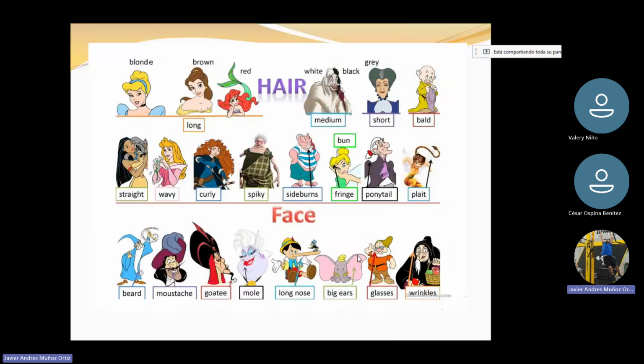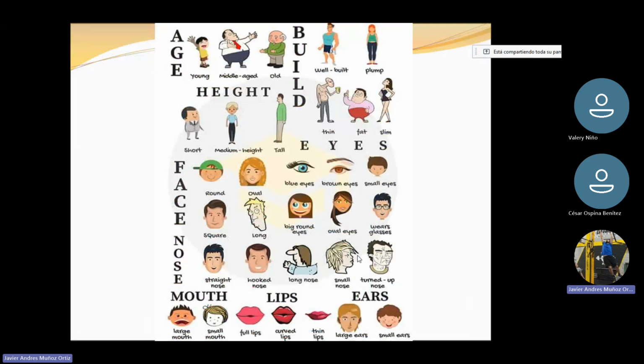We could describe the hair, the face, her weight, her height, bodybuilding, eyes, lips, mouth, and so on. This is level 2. We can include colors in our descriptions.